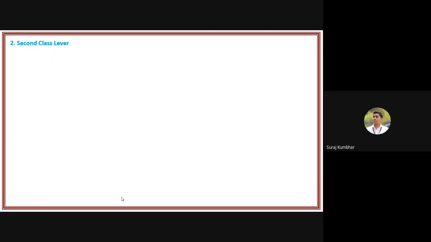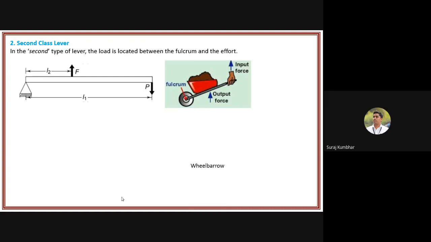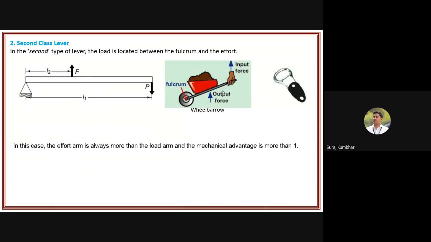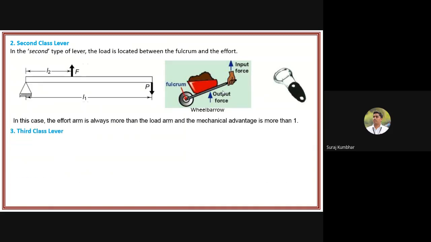The second class lever, when the load is in between the fulcrum and the effort, is called a second class lever. The wheelbarrow is the best example, or the bottle opener is another example. In a second class lever, the effort arm L1 is always greater than L2, so the mechanical advantage is always more than 1.